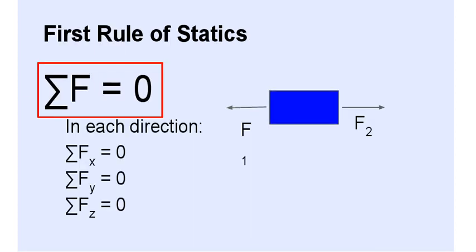The first rule of statics is very simple right here. If I don't want something to move, then the sum of the forces on that something better be equal to 0. And right here you can see that I've got this box, and there's a force this way which we've called F1.